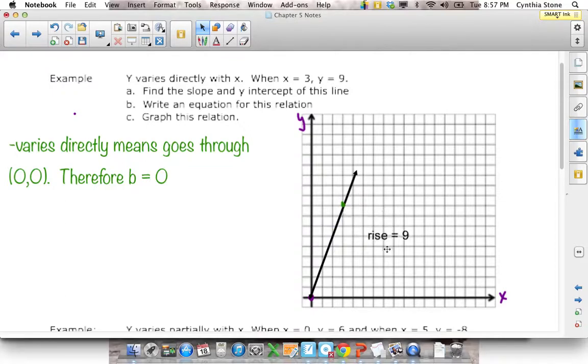So I'm looking at the 2 points, starting here, just starting at the beginning, and to here is my run, and my rise is here. And so in that time, the rise is 9 from here to here, and the run is 3.